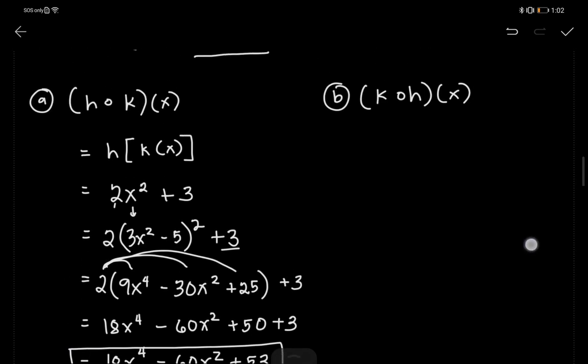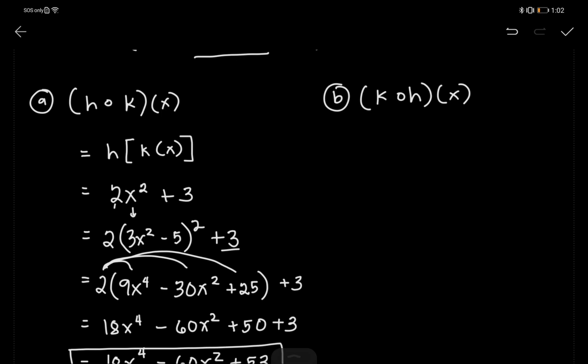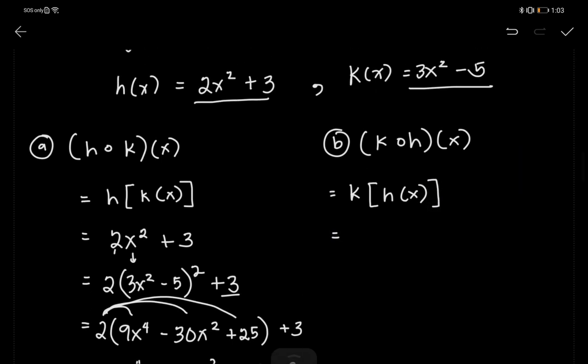How about this one? We have here k of h of x. Meaning the value of your h of x will serve as the input of your k of x. So we can represent it this manner: k composite of h of x. We have to write first the k function, 3x squared minus 5.